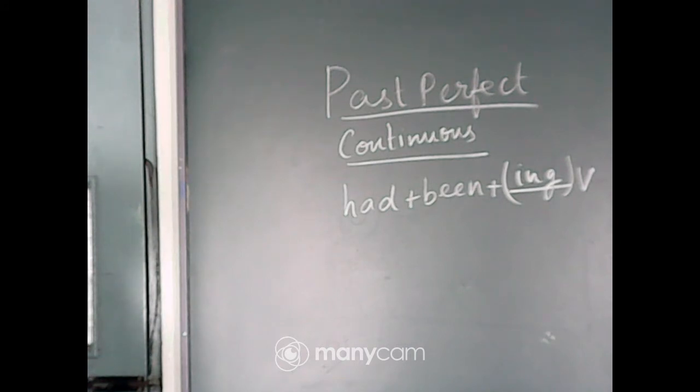Okay, so past perfect continuous tense is used to indicate an action that occurred before a certain point of time in the past and it had continued up to the moment and was still in progress at that moment or recently finished.